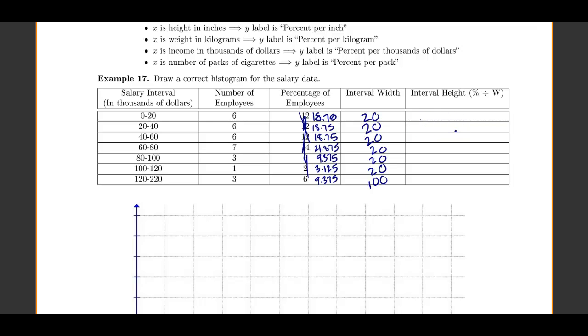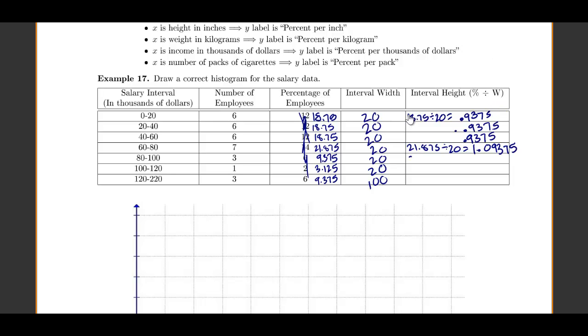Okay, now that we have our correct percentages, let's calculate each interval height, which again is our percentage divided by the width. My first percentage is 18.75 divided by a width of 20, which gives me 0.9375. So the first three will each be 0.9375. Then for my next one, I'll have 21.875 divided by 20, which is 1.09375.